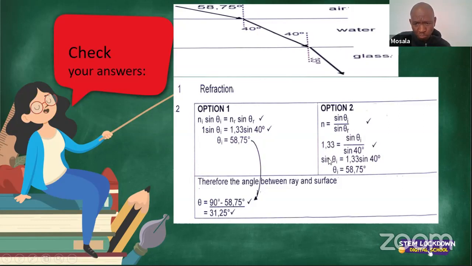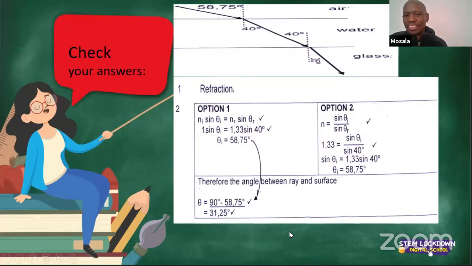You substitute, looking for the angle of incidence, with the angle of refraction at 40 degrees. Then you should get theta to be 58.75, and follow the same procedure to get the angle between the surface and the incident ray.